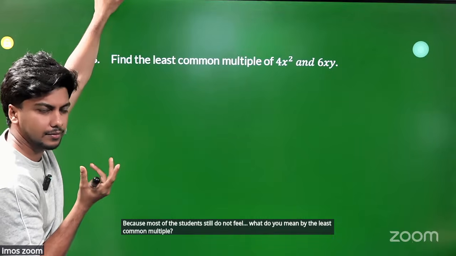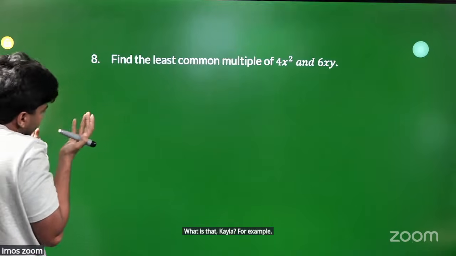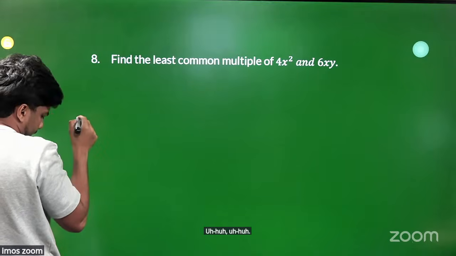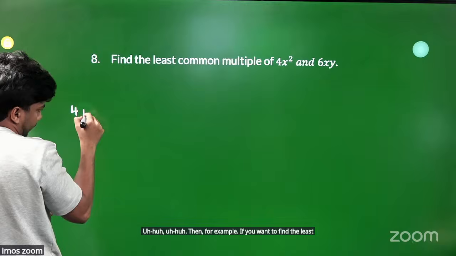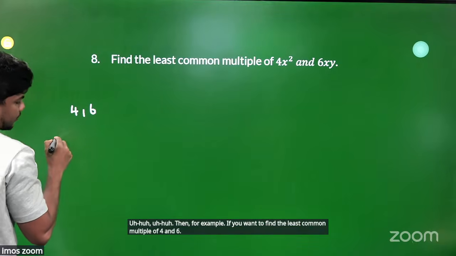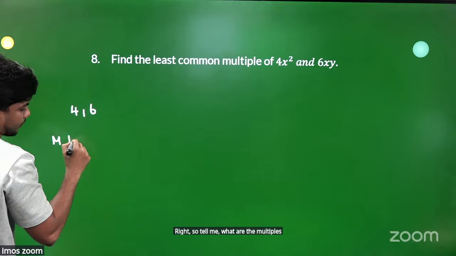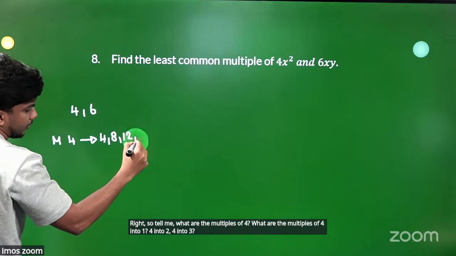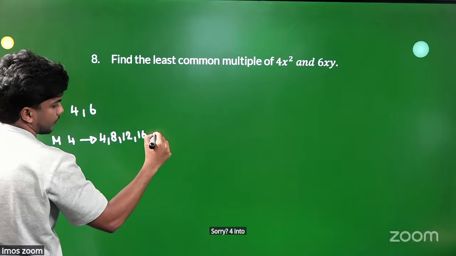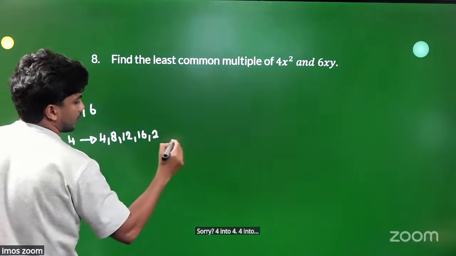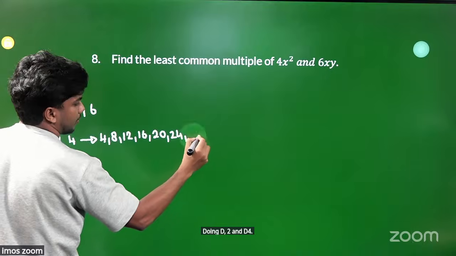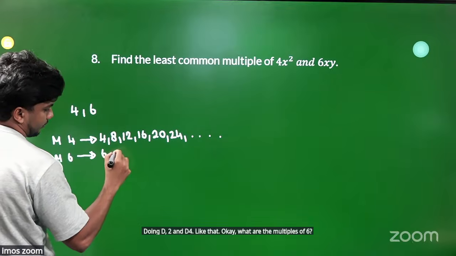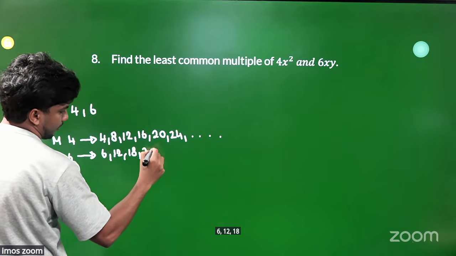For example, if you want to find the least common multiple of 4 and 6, tell me, what are the multiples of 4? 4 into 1, 4 into 2, 4 into 3, 4 into 4, 4 into 5, 20, 24, like that. What are the multiples of 6? 6, 12, 18, 24.